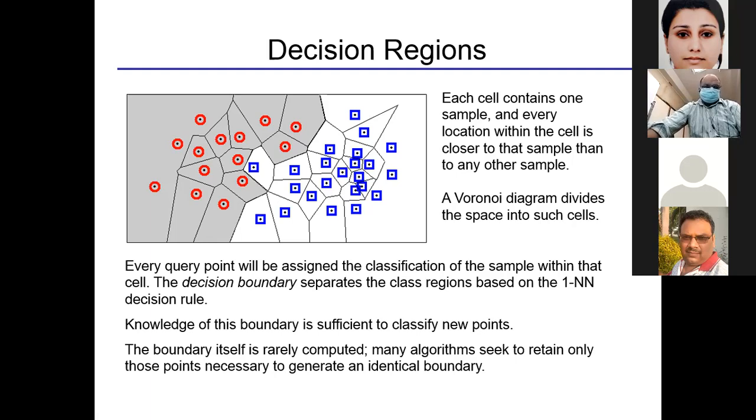Each cell contains a sample, and every location in the cell is closer to that sample than to any other sample. The Voronoi diagram can be used to divide these data points into cells. Each query will be assigned the classification of the sample within the cell, and the decision boundary separates the class regions based on the 1NN decision rule.